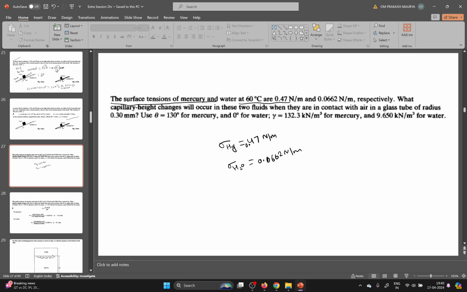What capillary height changes will occur in these two fluids when they are in contact with air in a glass tube, radius also given 0.3 mm, theta is equal to 130 degree for mercury and 0 degree for water.